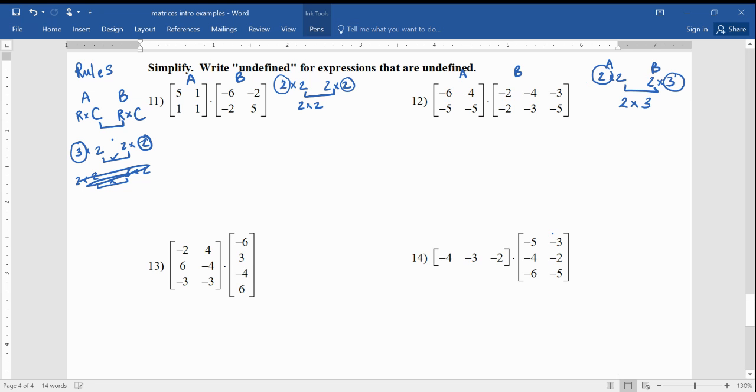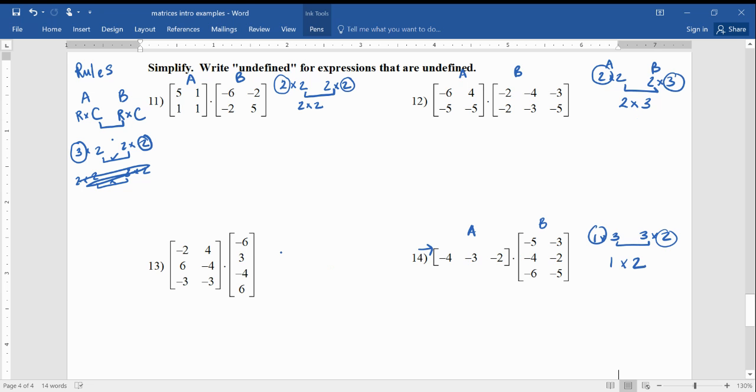Let's look at this one down here. This is a 1 by 3, and B is a 3 by 2. These are matching, so our answer is a 1 by 2. We're just talking about the size of the answer matrix.